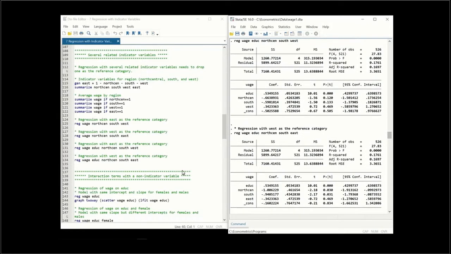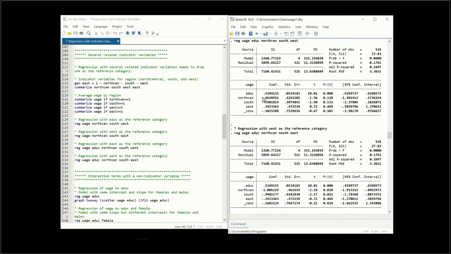Okay, so next we will consider regression with East as the reference category and West as the reference category, but this time we would also include an independent variable, education. So if we have education as an independent variable here, we would not have exactly the average wages being the intercept and so forth, but we would see exactly the same kind of trends.